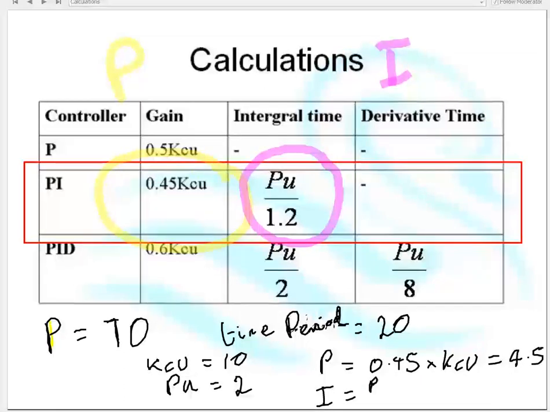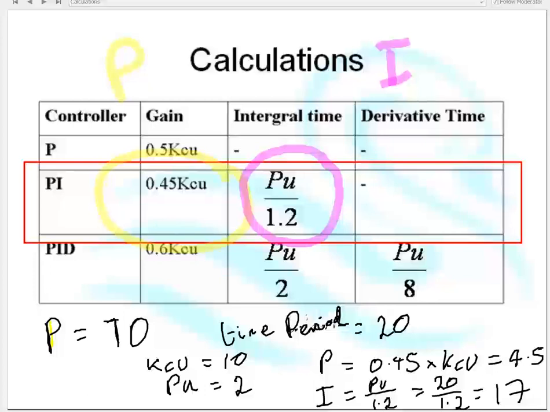I equals PU over 1.2 equals 20 over 1.2 equals, grab my calculator, 17. Okay, so they're the values I would stick in. It's a lovely method. It gives you good values on the whole, but you're not allowed to use it. Shame, really.